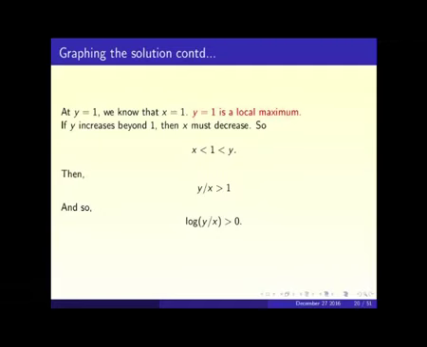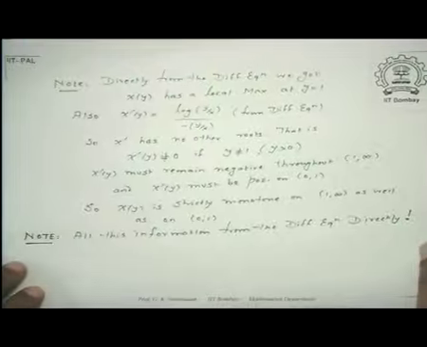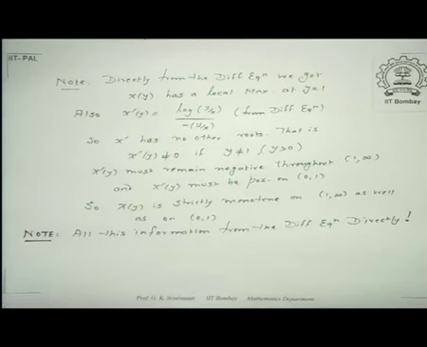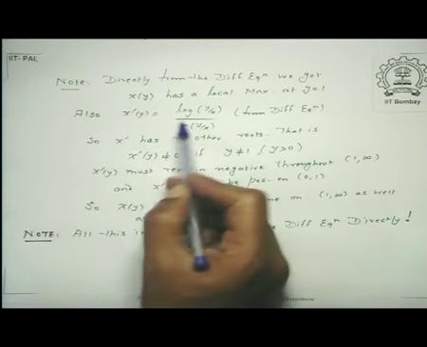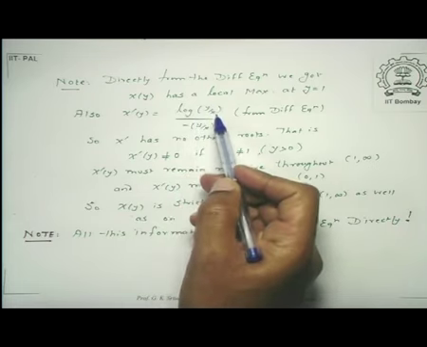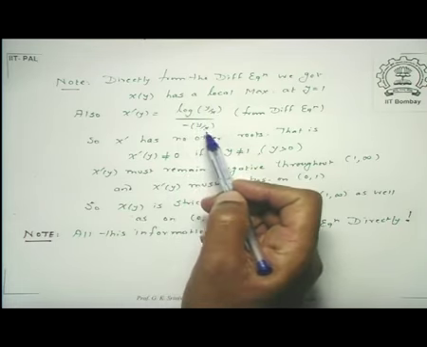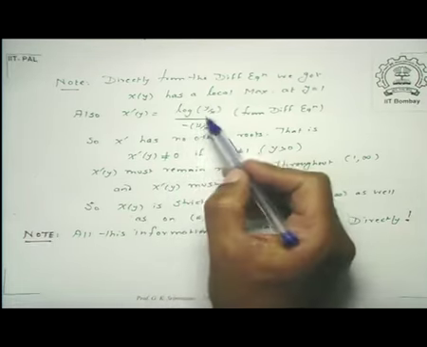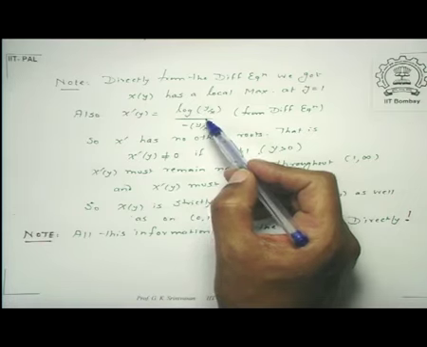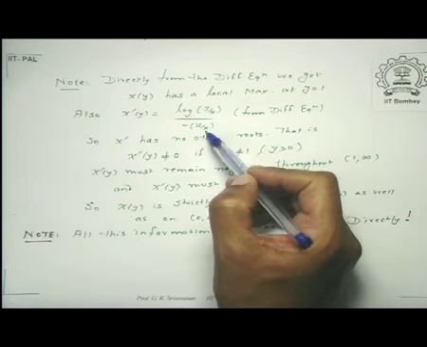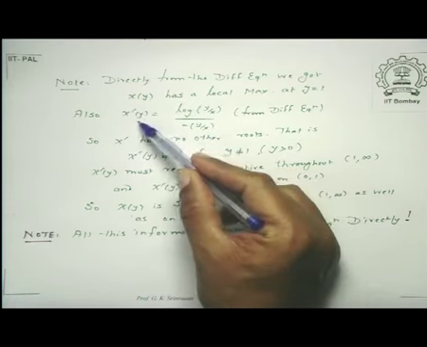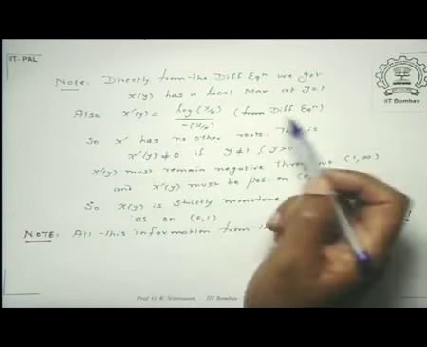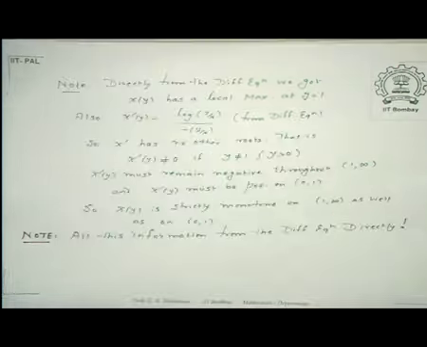So, x prime of y is log of y by x upon minus of y by x. Remember that we have just seen that the numerator is positive and we are in the first quadrant. So, the denominator is negative. So, the derivative is negative beyond 1.